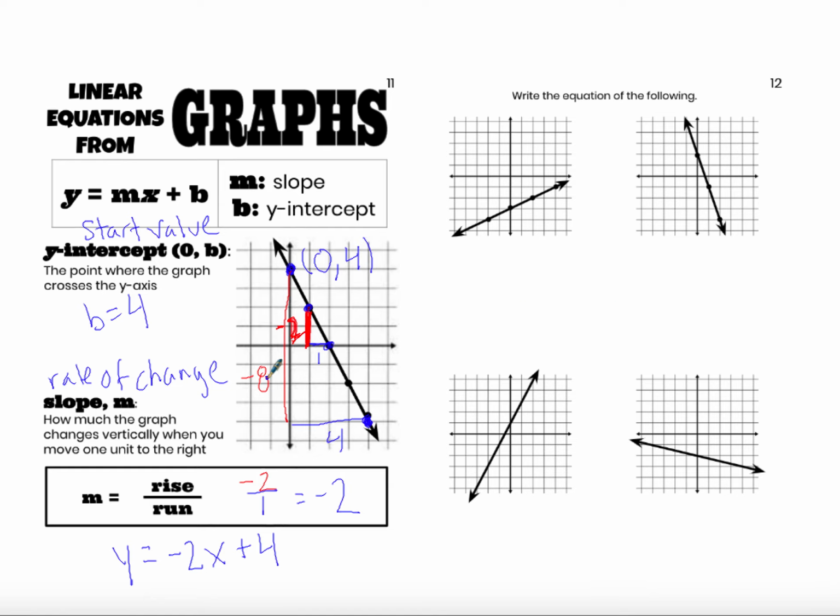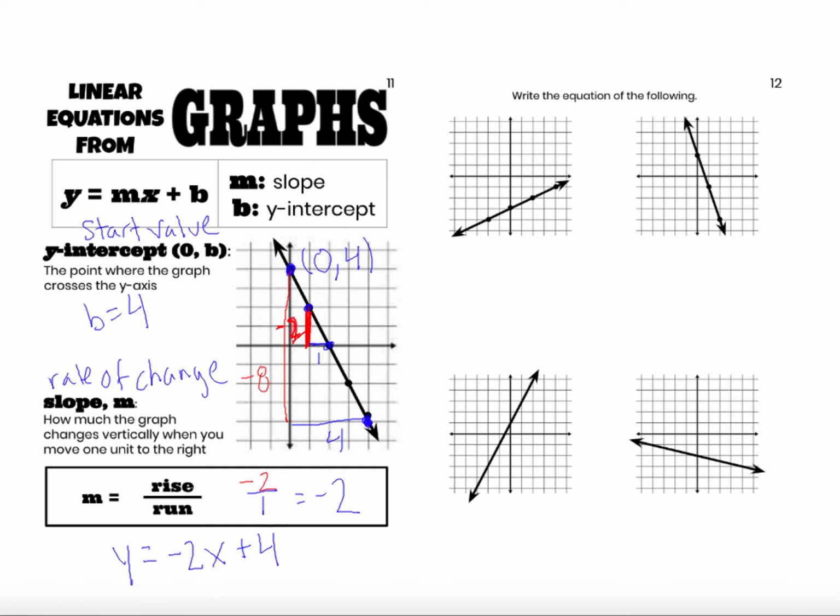That would still simplify with rise of negative 8, run of 4. Negative 8 divided by 4 would still give me negative 2. Even if I went from right to left, which we really don't recommend, I would have a run of negative 4 and a rise of 8. That would still give me 8 divided by negative 4, which is negative 2.